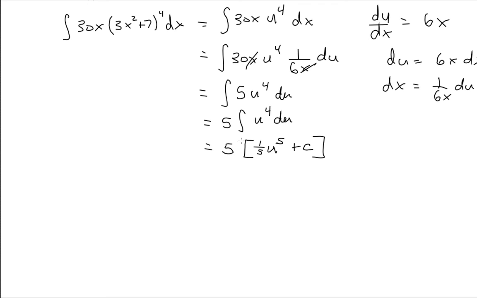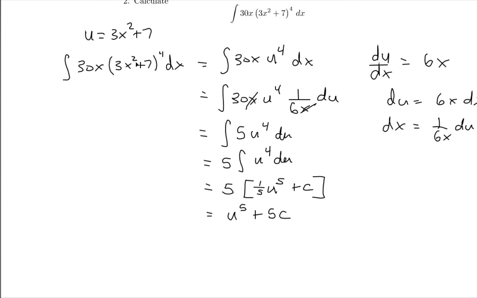So I can clean this up a little bit now. I can multiply everything by the 5 here. 5 times 1/5, the 5's cancel and it just gives me 1. So this becomes u to the power of 5 plus 5c. And then I can put back in what u actually was. u was 3x squared plus 7.